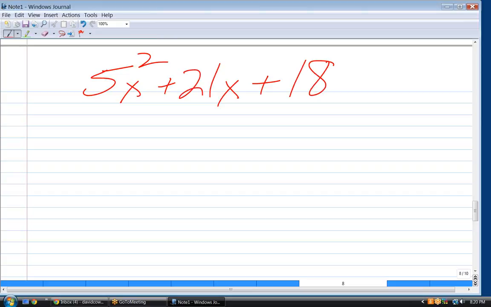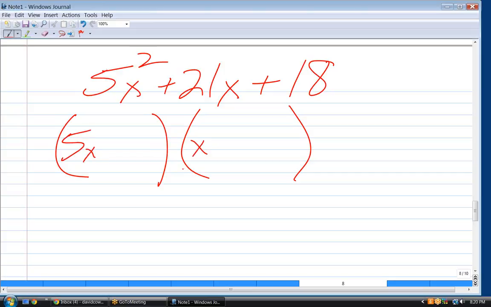So now there's an interesting question: how much time do we spend trying to factor it before we give up and go to the quadratic? And I don't have an answer for that. I would at least try to factor this because there's only 2 factors of 5, and we're going to be able to exhaust all the factors fairly quickly.